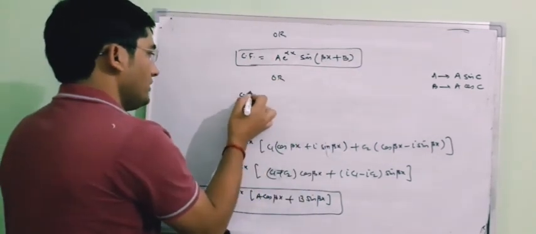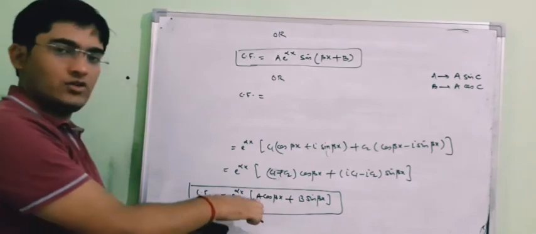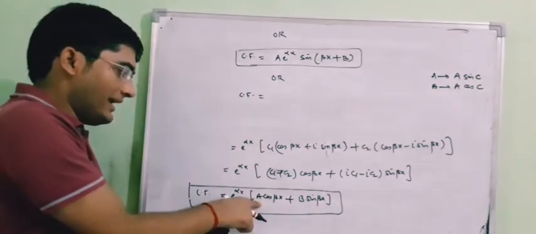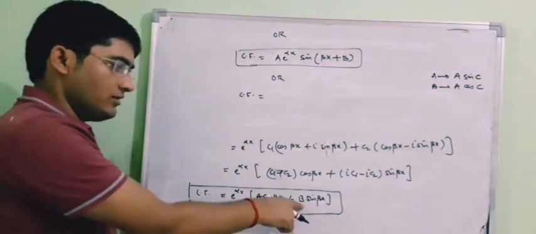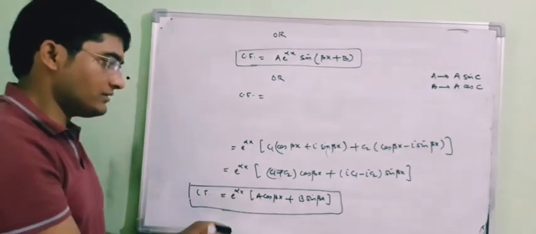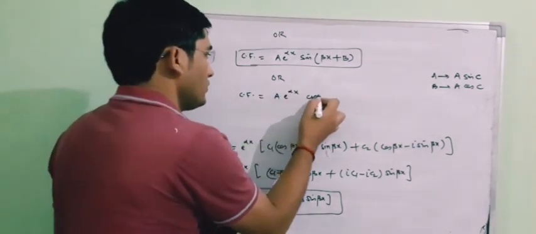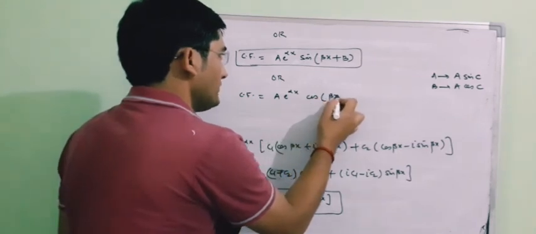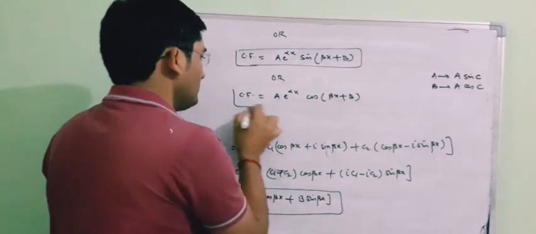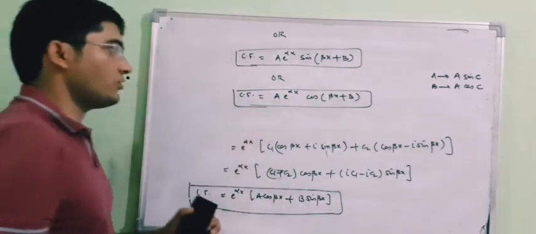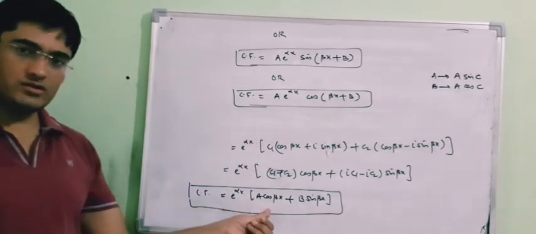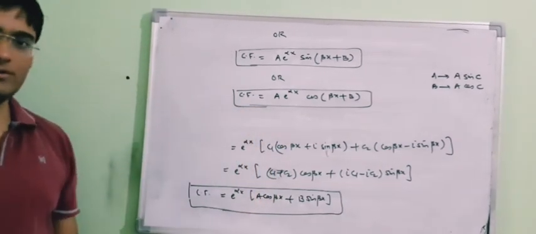Or if you write A as a cos c and B as minus a sin c, then the CF will be cos a cos b minus sin a sin b, that is A cos of a plus b. So we have these two other formulae for the complementary function when the roots of the auxiliary equation are complex conjugate.